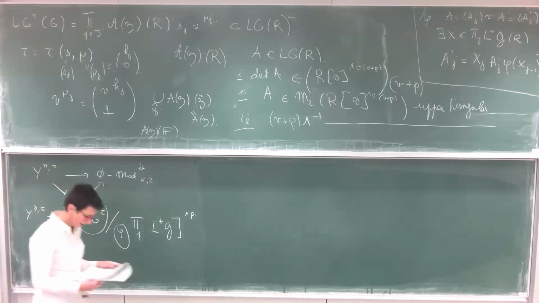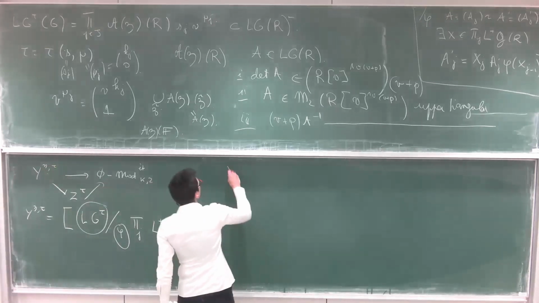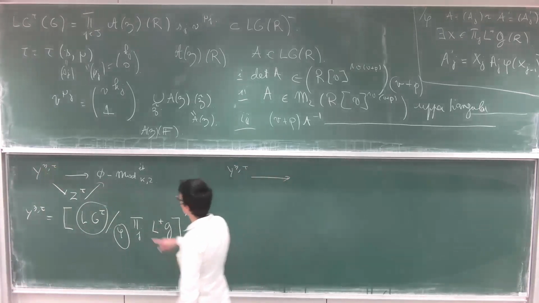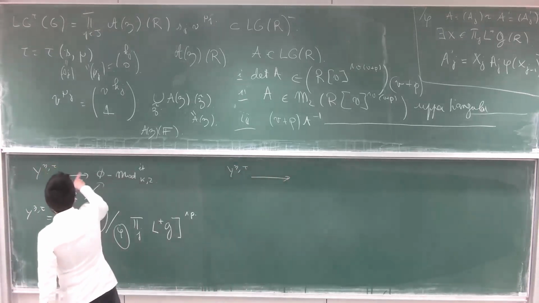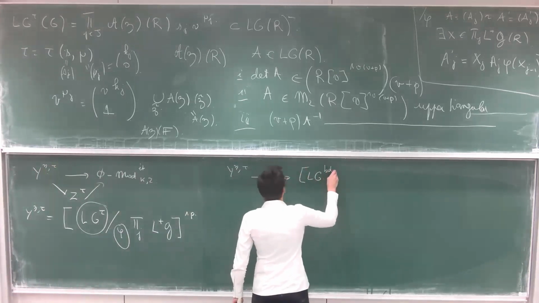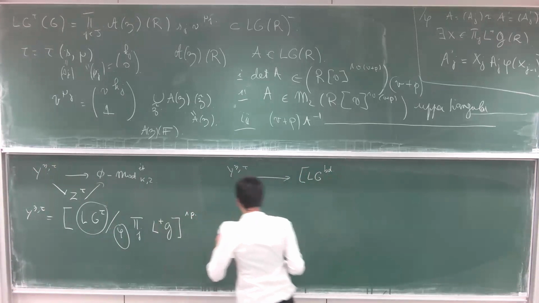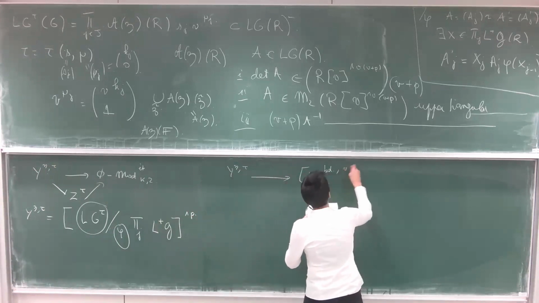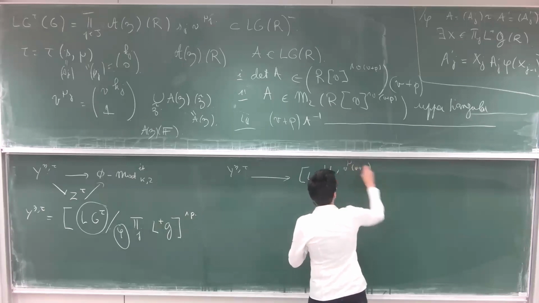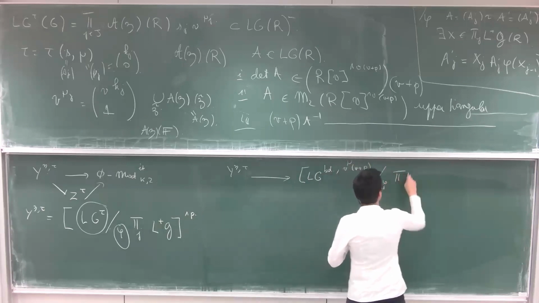Okay. So in fact, you will see that this map factorizes through something which is less abstract than this one.